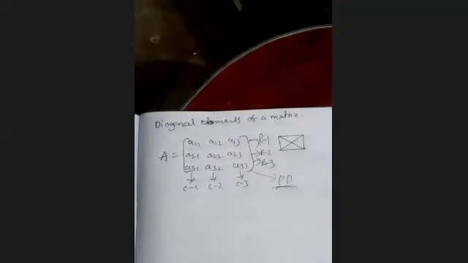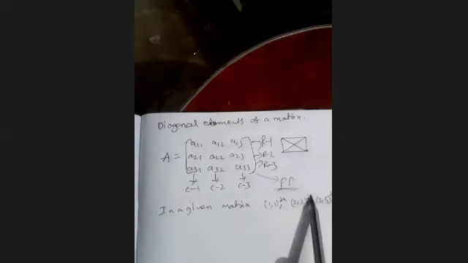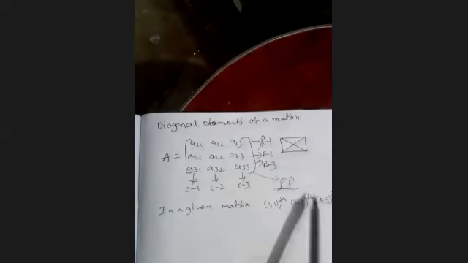Further, we have the definition also. Listen carefully. In a given matrix, 1 comma 1 means first row first column. 2 comma 2 means second row second column. 3 comma 3 means third row third column.